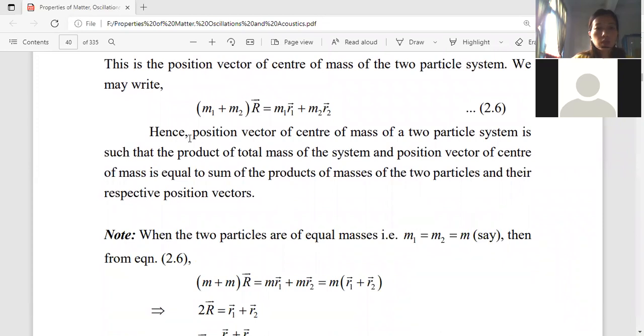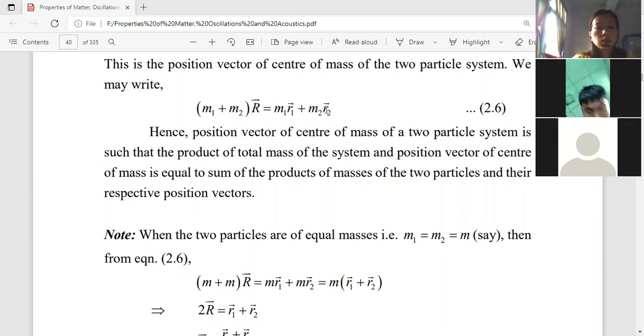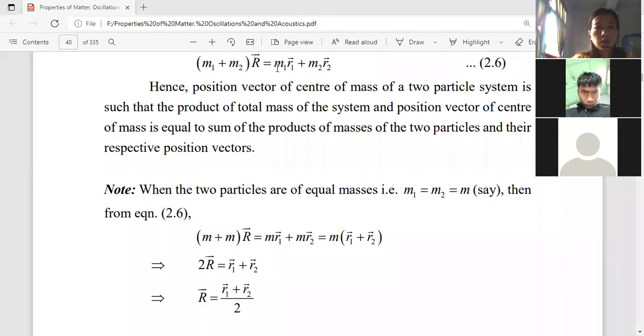From here we can conclude that the position vector of the center of mass of a two particle system is equal to the sum of the products m1 r1 plus m2 r2 divided by the total mass. If there are more terms, it will be m3 r3 plus m4 r4 and so on, but we are considering only a two particle system in this equation 2.6.